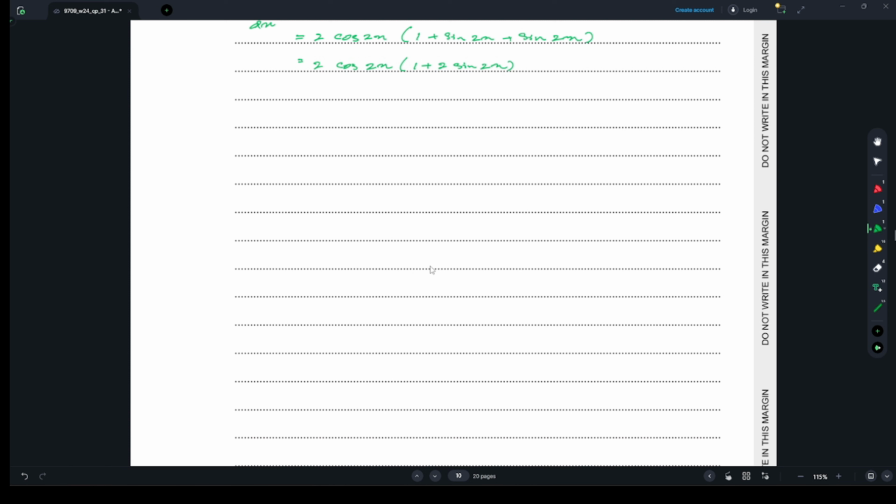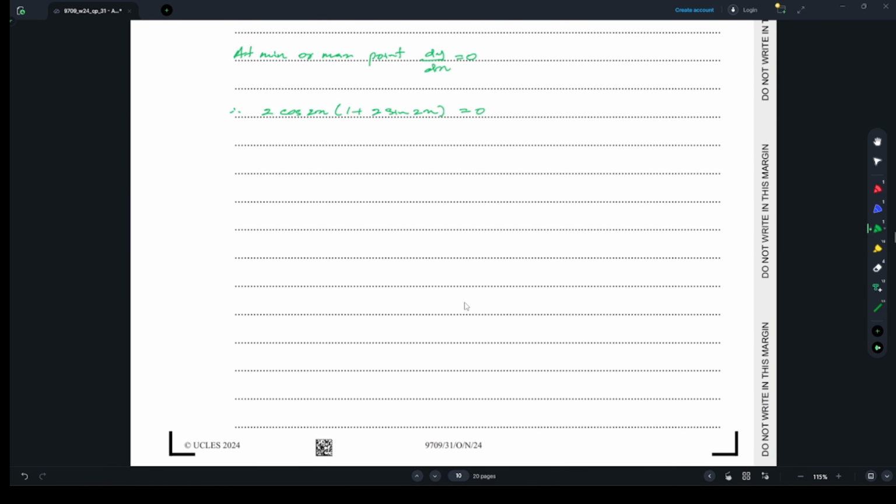So we can say that at the min or max point, dy over dx equals 0. Therefore, 2 cos 2x times 1 plus 2 sine 2x equals 0.